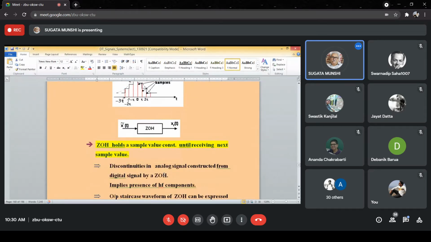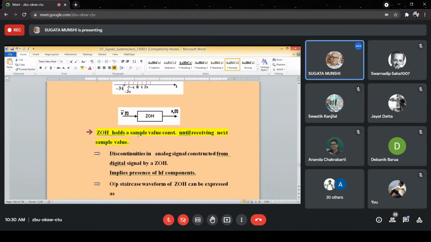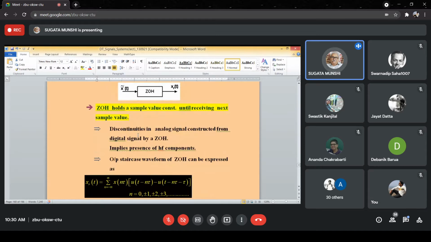All right. Now this staircase reconstruction, because there are discontinuities at every sampling instant, indicates the presence of high frequency components, high frequency contaminants in this signal. That will not be clear to you unless I come up with the frequency response of the zero order hold.